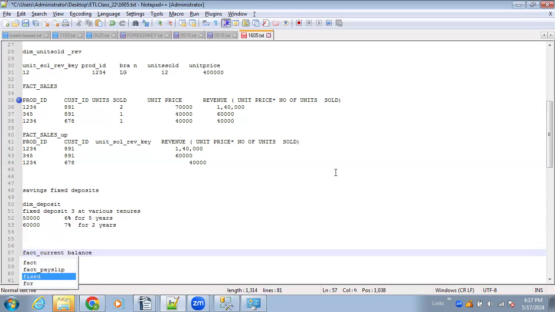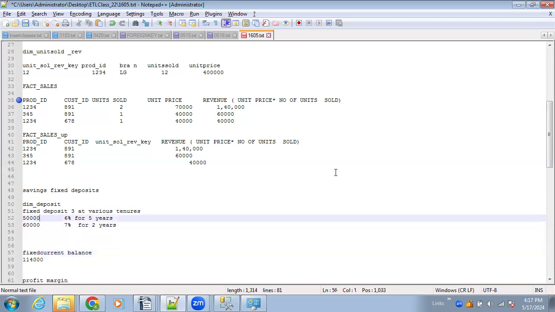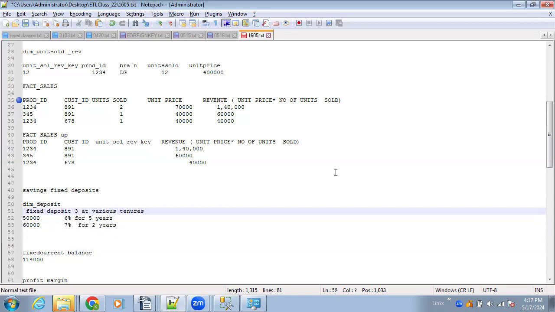It contains maybe the reference key also, account number, which is exactly the common key.